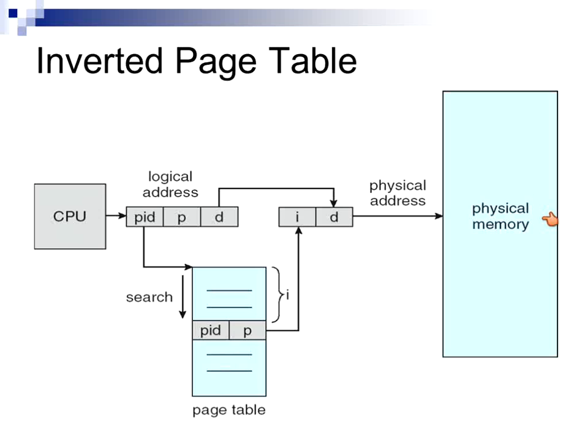So again, this is just another way that we're trying to keep this page table small, and here we're doing it by saying we're only going to put things in our page table if there is a physical frame that matches it. And so if the CPU gets a logical address, looks for that page number and process ID in the page table and doesn't find it, it now knows that the address it's looking for is not in physical memory right now.